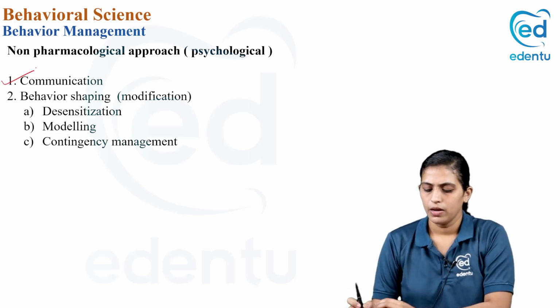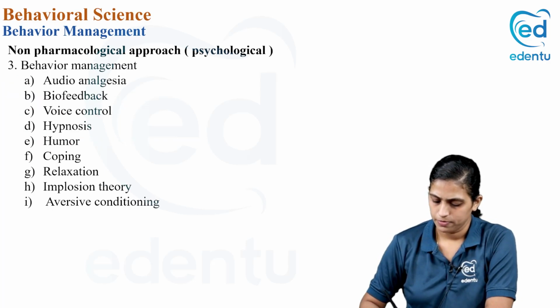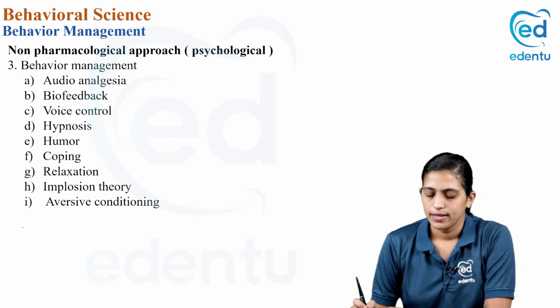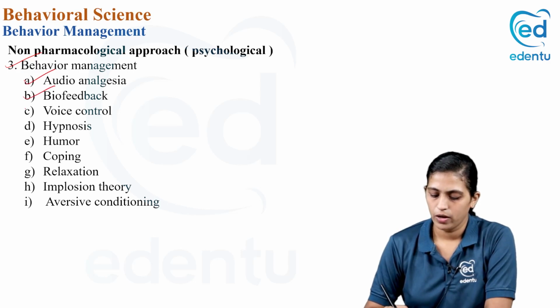Under behavior shaping or modification comes desensitization, modeling, and contingency management. And next is behavior management itself. Here there are about 9 methods. First is audio analgesia, biofeedback, voice control, hypnosis, humor, coping, relaxation, implosion theory, and aversive conditioning.